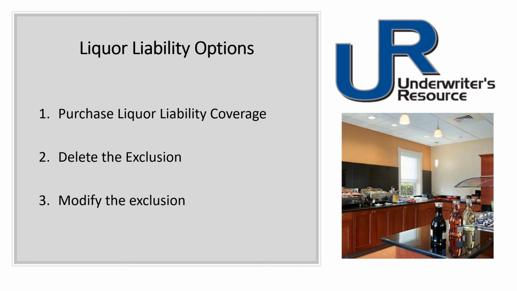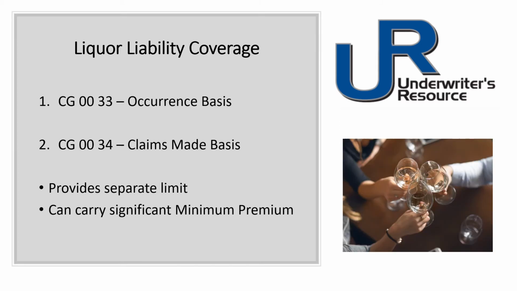ISO actually lays out three options to cover incidental liquor liability exposures. The first would be to purchase liquor liability coverage. They do have an option to delete the liquor liability exclusion. And thirdly, they have a couple of options where they could modify the liquor liability exclusion. If you wish to go the route of buying the traditional liquor liability coverage, there are two potential forms.